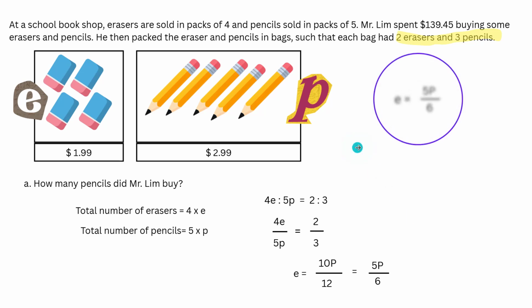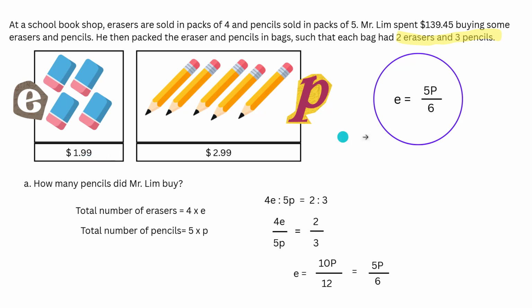That is the relationship between the number of packets of erasers and the number of packets of pencils. We have covered the first part, and now we go on to work on the cost.